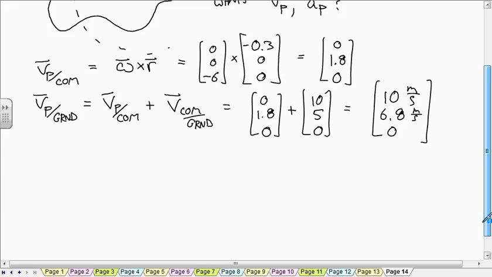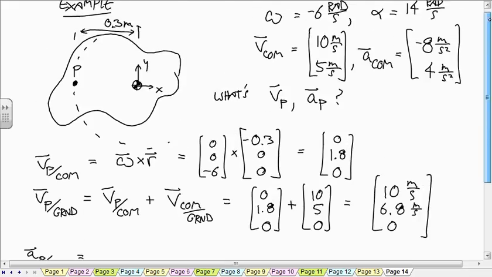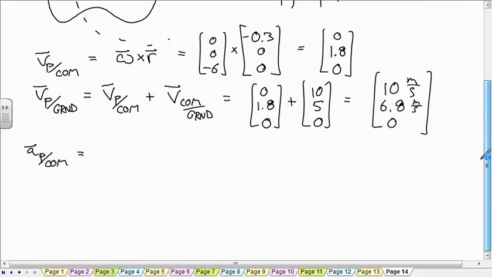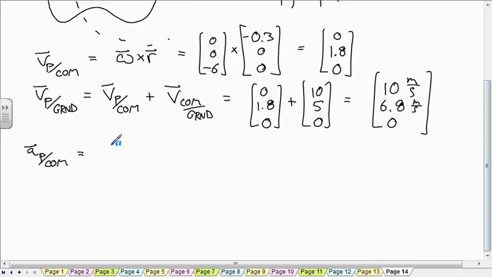Okay, so the acceleration of P relative to the center of mass is alpha cross r plus omega cross (omega cross r). Alpha is 0, 0, 14. The r vector is -0.3, 0, 0.